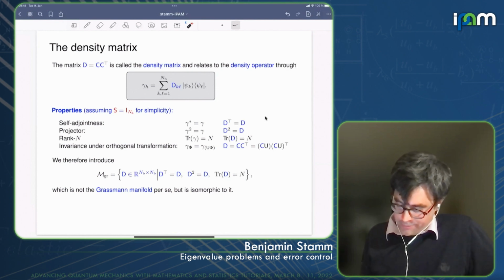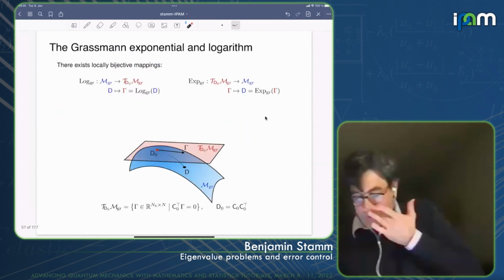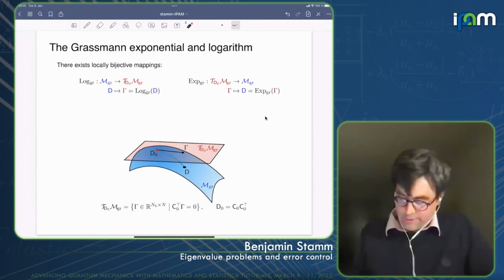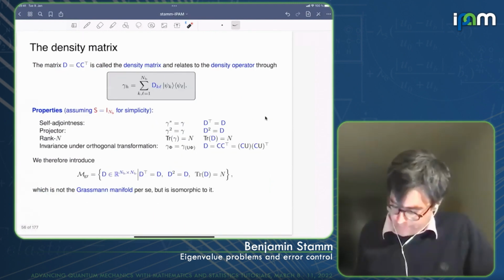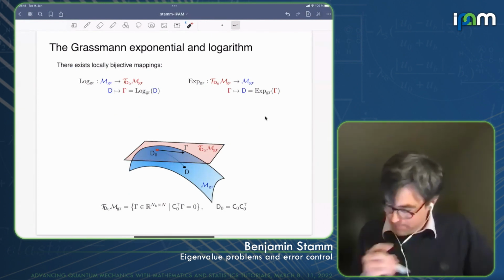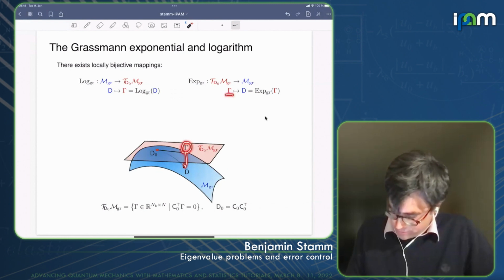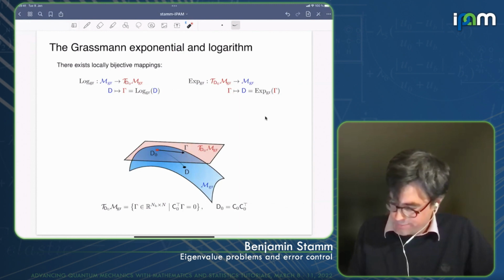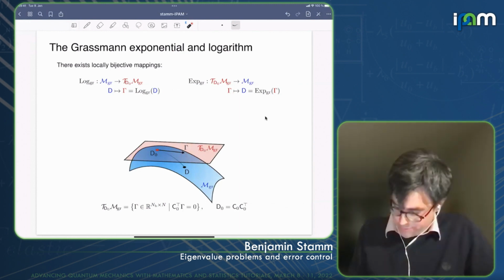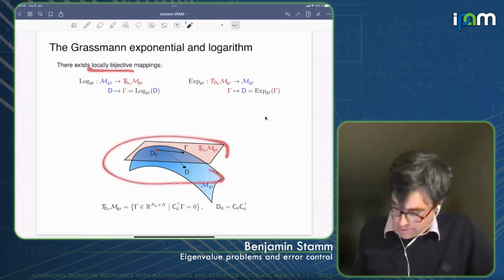So here by Grassmann manifold, I mean all NB by NB matrices that are symmetric, that are projectors, and that have rank N. There are some nice things: since this is a differentiable manifold, at any point you can build the tangent space, and there's a mapping between the tangent space and the manifold. The mapping from the tangent space, a gamma vector, down to the manifold is called the Grassmann exponential, and the mapping from the manifold to the tangent space is called the Grassmann logarithm, and they are locally bijective mappings around a point.